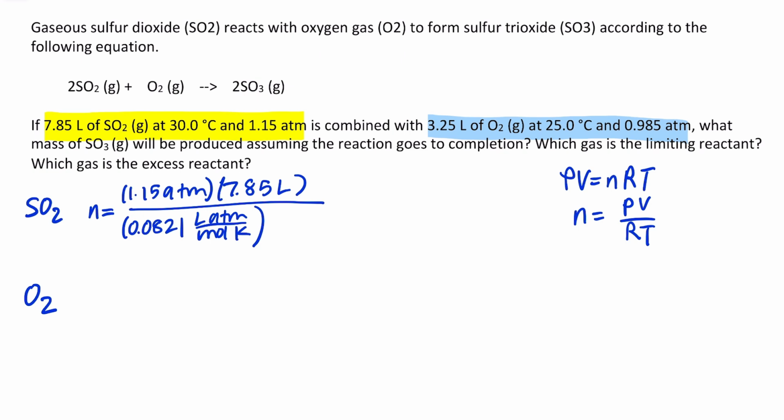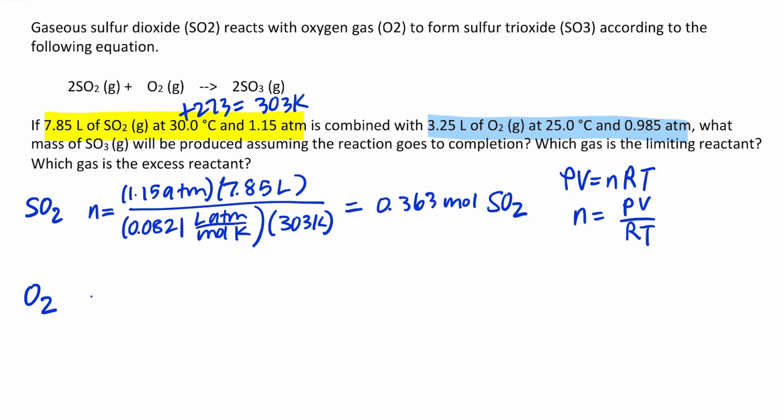And then 30 plus 273 is 303 Kelvin, so that's our T. And then our n gets us 0.363 mole of SO2.